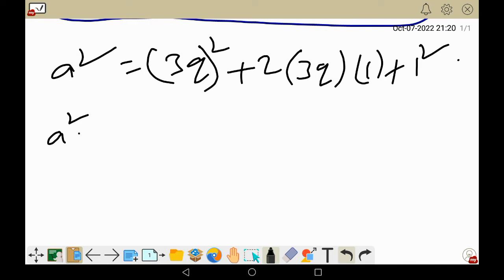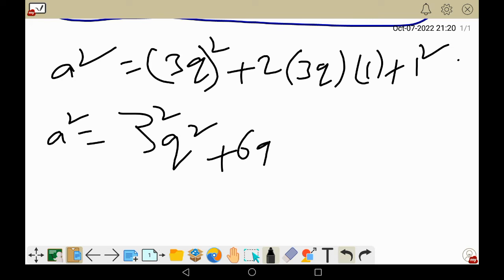A square is equal to 3 square q square plus 2 into 3 is 6, 6 into 1 is 6, 6q plus 1 square. 1 square means 1.